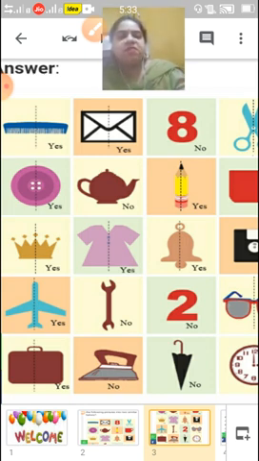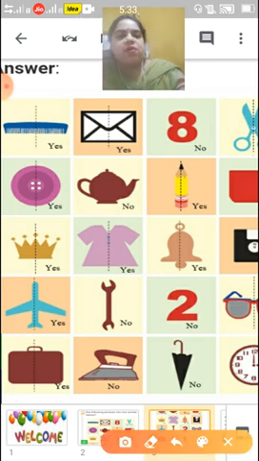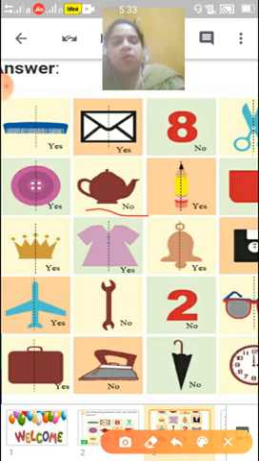Now your next picture is your teapot. So your answer is no. Now your next picture is a frog. This is also having two similar mirror halves. So your answer is yes. Now your next picture is not having two similar mirror halves.